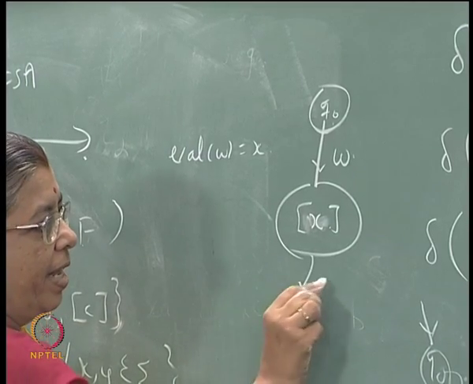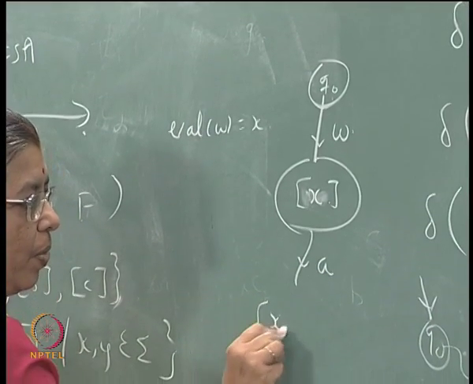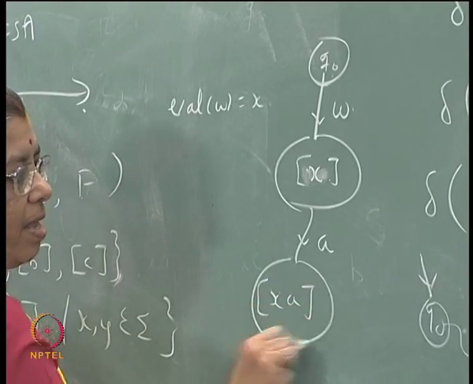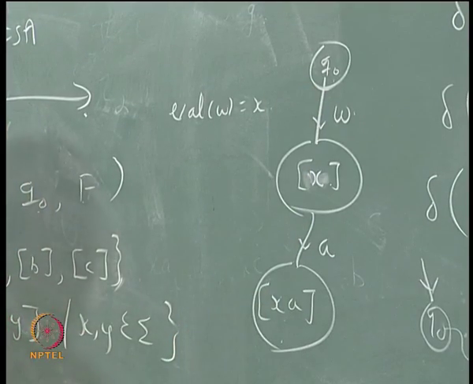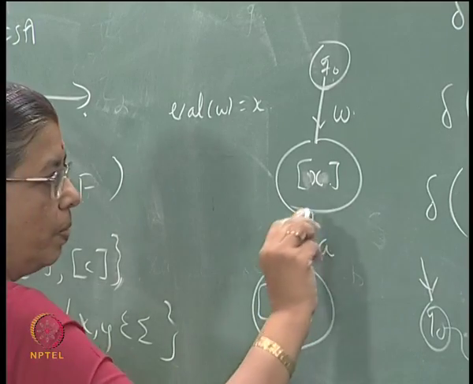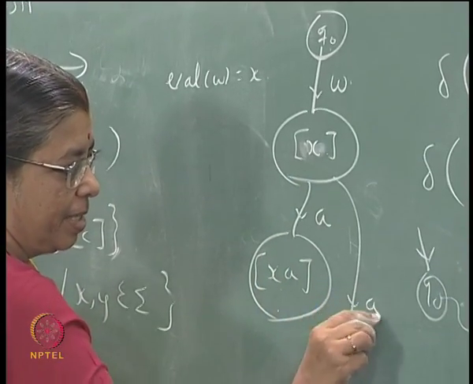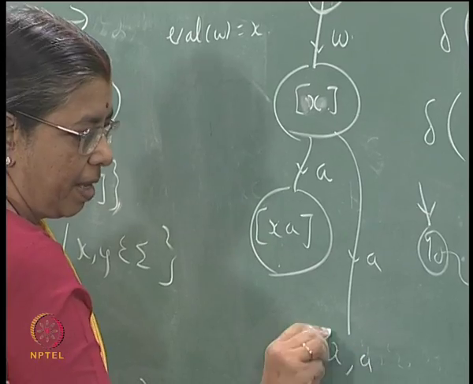Now, after reading A, you can go to xa, that is the value of xa, that is again satisfied, or you can go to, there are two possibilities, it is non-deterministic, x comma a.